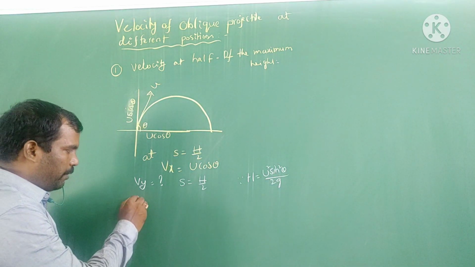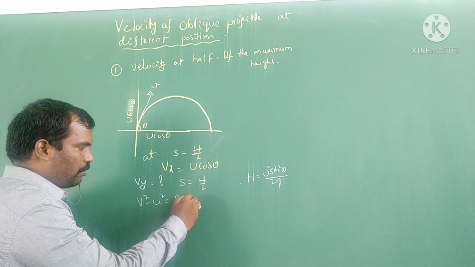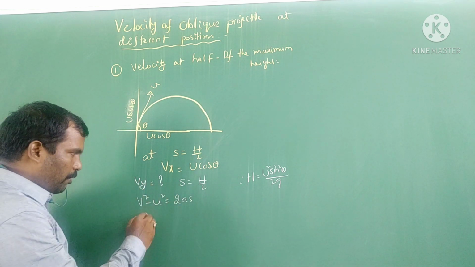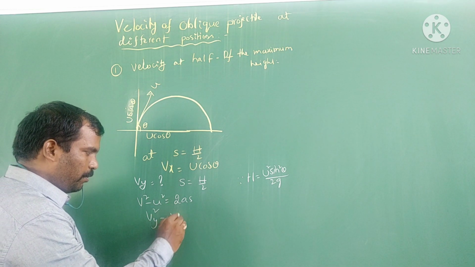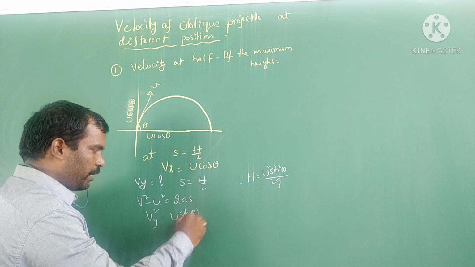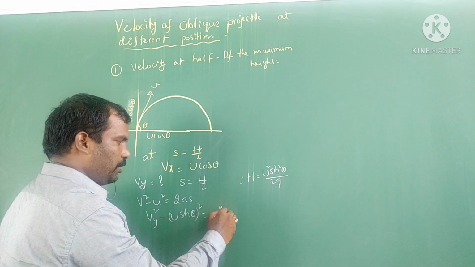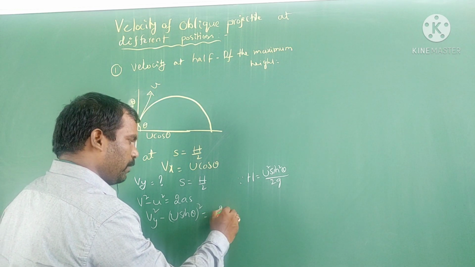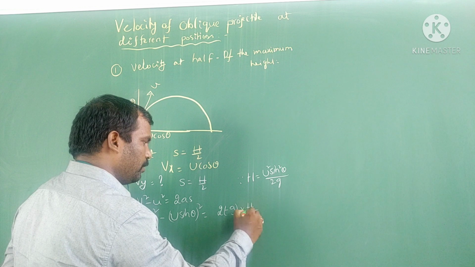Now if you substitute here, v square minus u square is equal to 2as. Vy square minus u sin theta the whole square, this is initial velocity, is equal to 2 into minus g into h by 2.